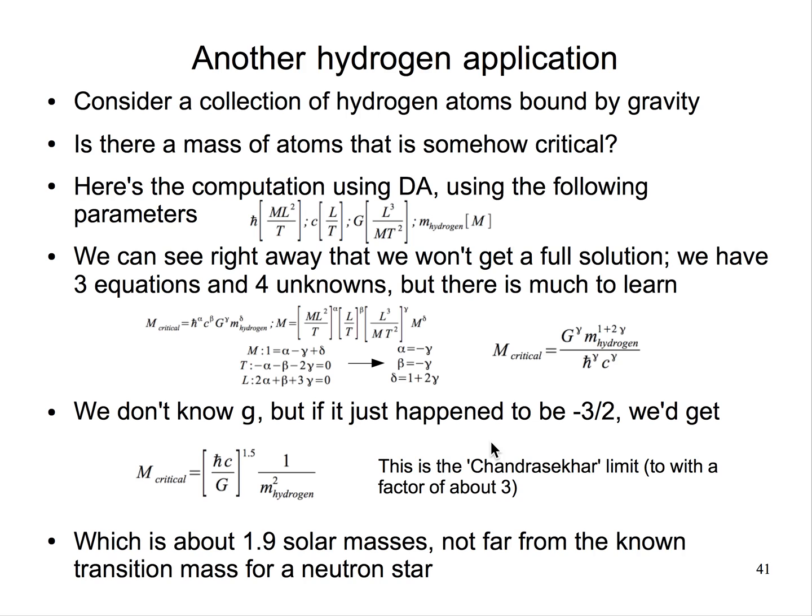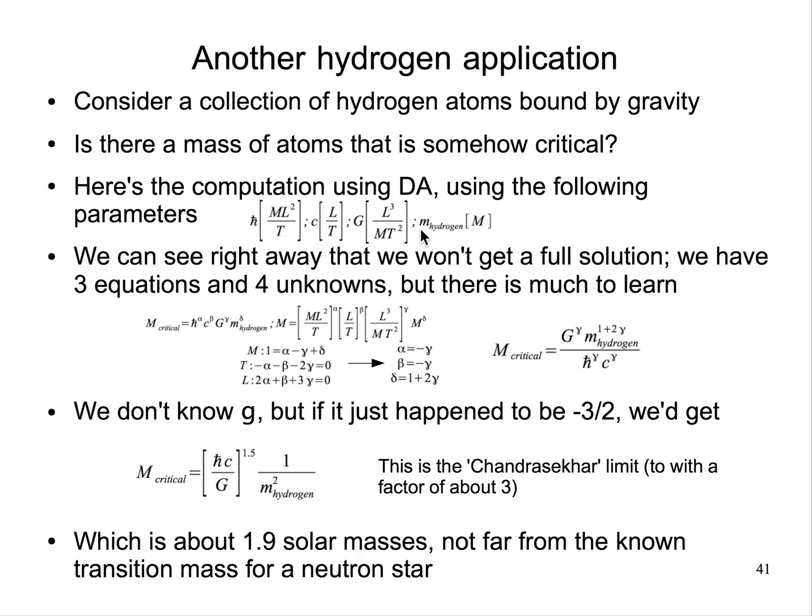Now, I promised earlier we were going to talk about the hydrogen atom again. So let's say we have hydrogen atoms bound by gravity. Is there some mass of those atoms that is somehow critical? This is a quantum mechanical problem, so Planck's constant, speed of light, Newton's constant, because it is a gravity problem.